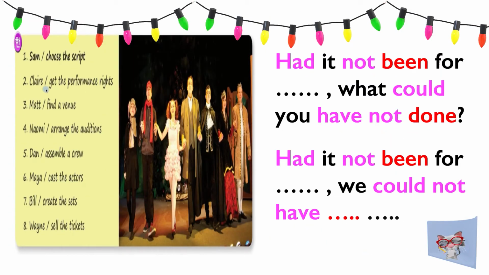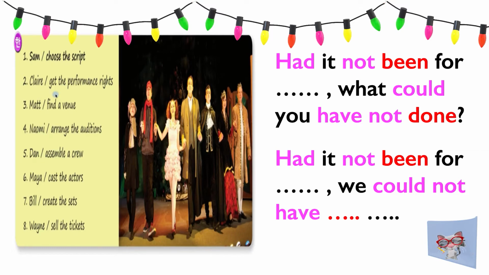So, for example, let's look at number 2. Yonghee, I'll ask you the question, you give the answer, and we'll just do a few for practice. Had it not been for Claire, what could you have not done? Had it not been for Claire, we could not have gotten the performance right.